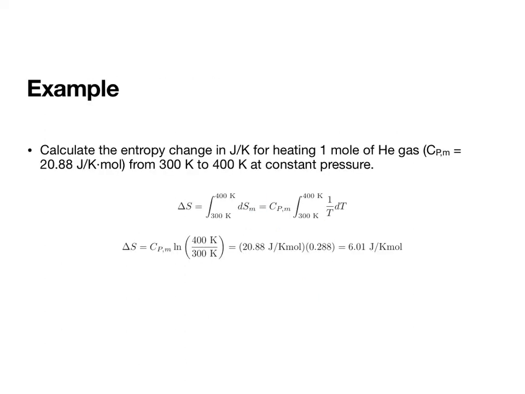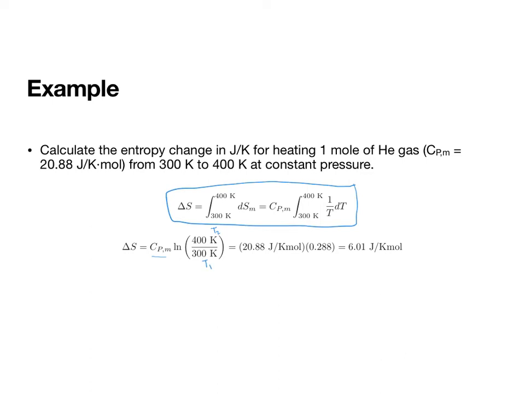Okay, so let's do an example. Calculate the entropy change in joules per Kelvin for heating 1 mole of helium gas from 300 to 400 Kelvin at constant pressure. It gives us the Cp, the molar heat capacity, of 20.88 joules per Kelvin per mole. I'm going to use the equation that we just solved for and plug things in: my Cp, my T2 and my T1.